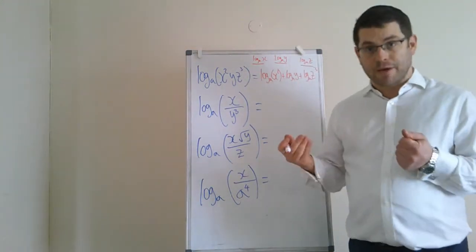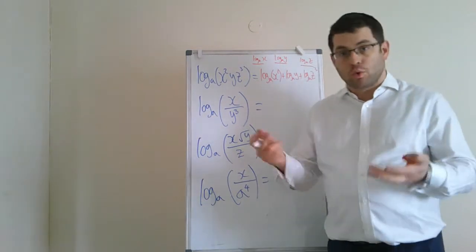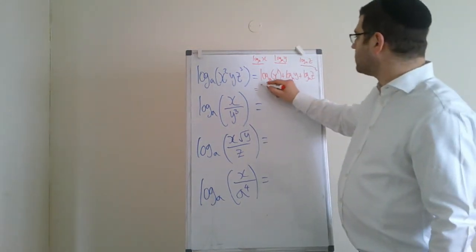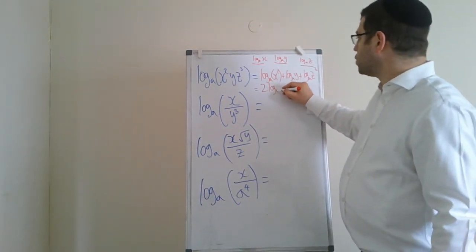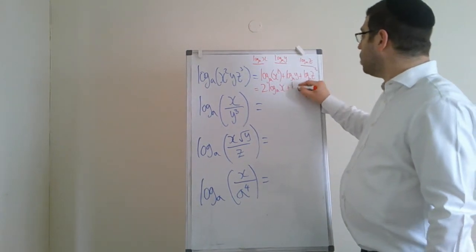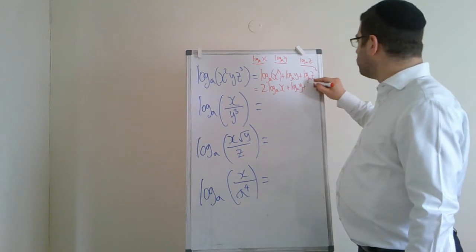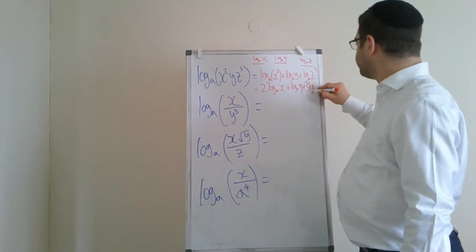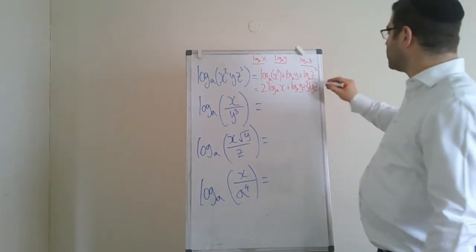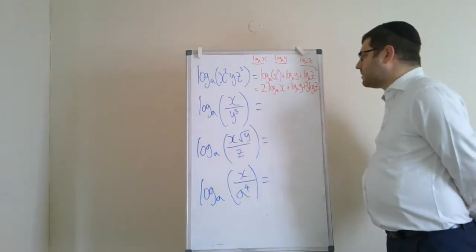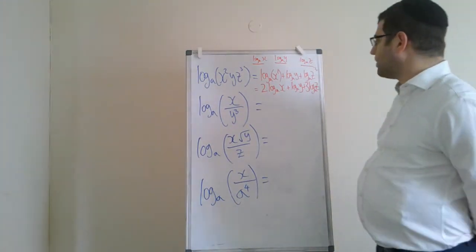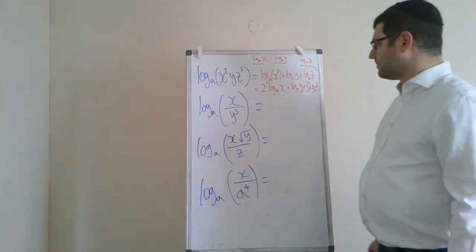You need to be happy to use the log laws both ways. So this becomes 2 log ax, log ay, that's allowed in the answer, and the 3 also has to come down. So that's the answer: 2 log ax plus log ay plus 3 log az.